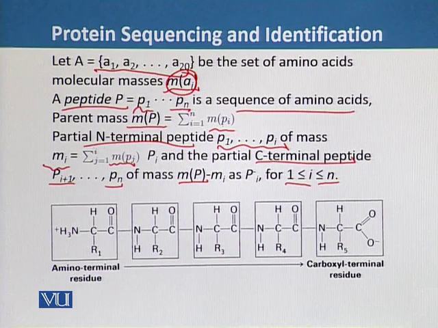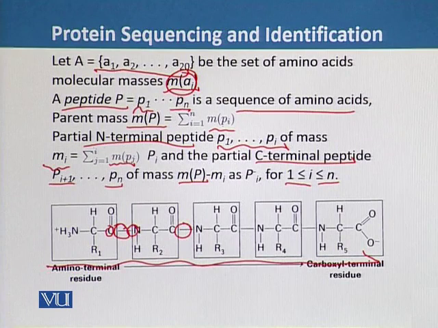And every protein is a linear chain, connected by peptide bonds between the amino acids. The peptide bonds start with the nitrogen and end with the carbon.